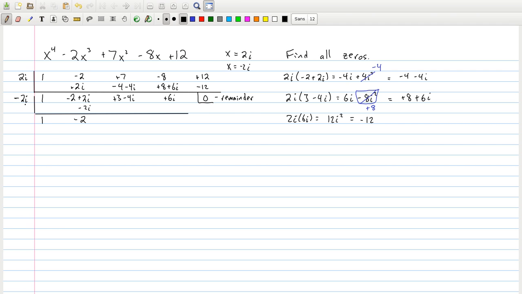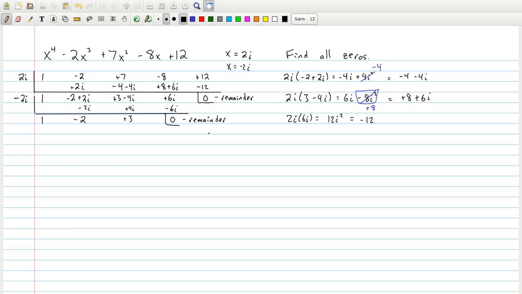And then we multiply. Negative 2i times negative 2 is positive 4i. We add these together. The imaginary parts cancel, leaving us with positive 3. And then we multiply. Negative 2i times positive 3 is negative 6i. Adding these together, everything cancels and we get a remainder of 0.